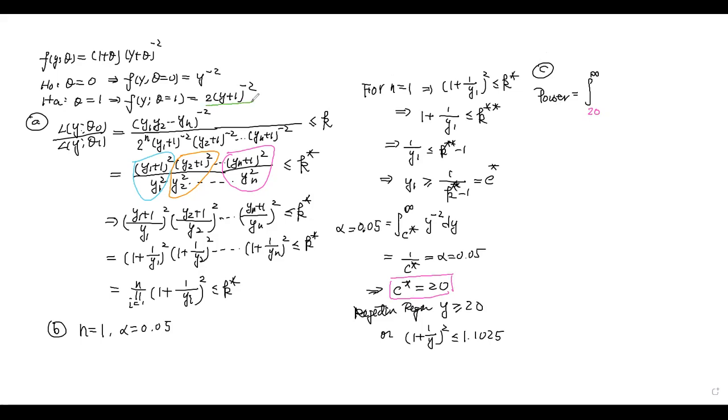I need to use the alternative hypothesis, so you integrate 2 times 1 plus y to the negative 2 power dy.